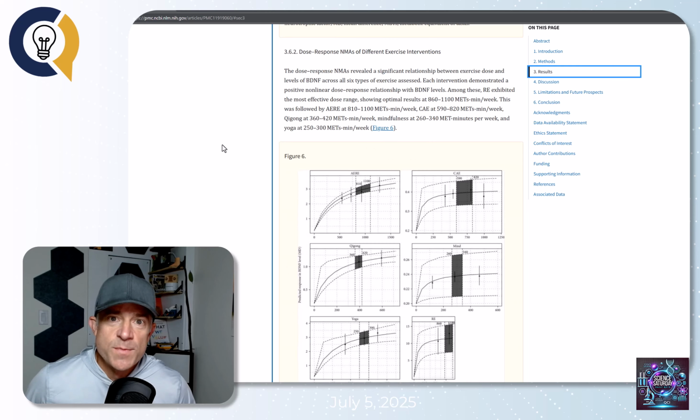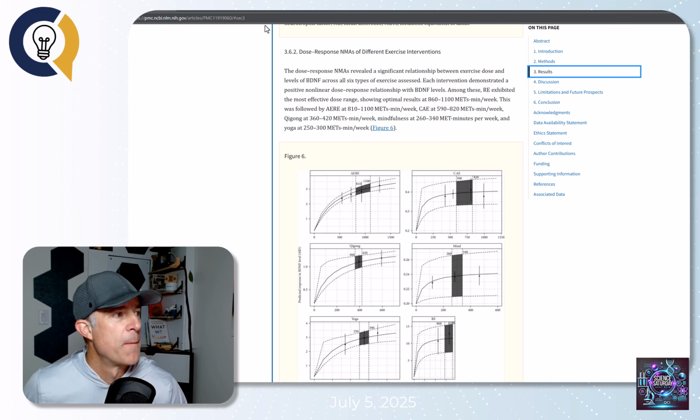So in this particular study, we come down to this set of words and graphs. And what we can find here is that the dose response demonstrated a significant relationship between exercise dose and levels of BDNF.